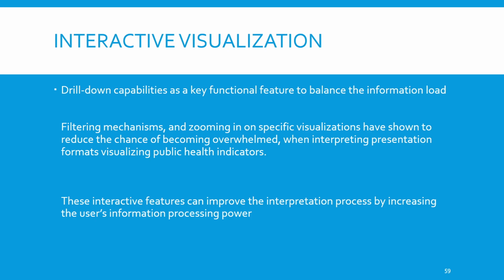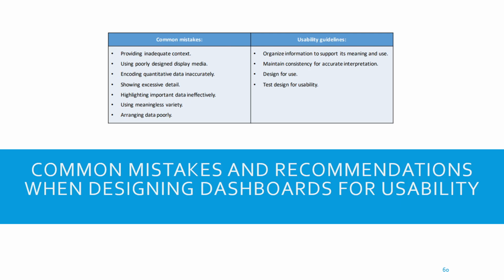Common mistakes are not providing the right context, using poorly designed display media, encoding the data in the incorrect way, showing too much detail because too busy is going to be difficult to read, not highlighting the important data, and using variability in colors or things like that that have no meaning.